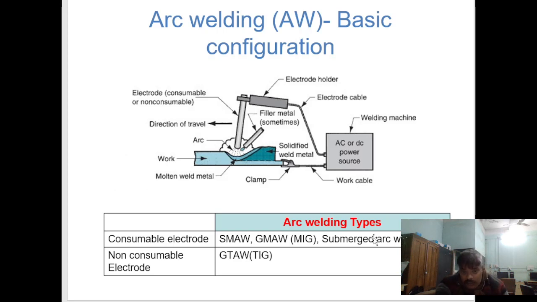Arc welding: this is the basic configuration of arc welding. This is the electrode, which is consumable or non-consumable. If it is a consumable electrode, then it is MIG welding. If it is non-consumable, then it is TIG welding.